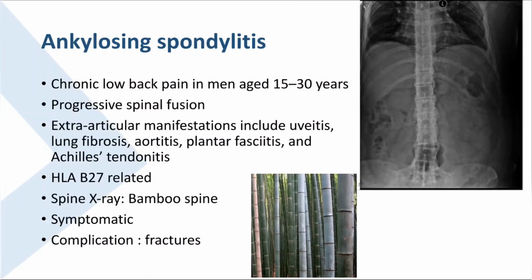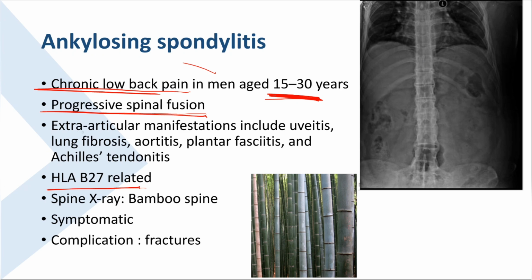Ankylosing spondylitis: if the patient has chronic low back pain, especially in younger men aged between 15 to 30, there will be progressive spinal fusion. Usually it is an HLA-B27 related disease, so the joints will fuse.